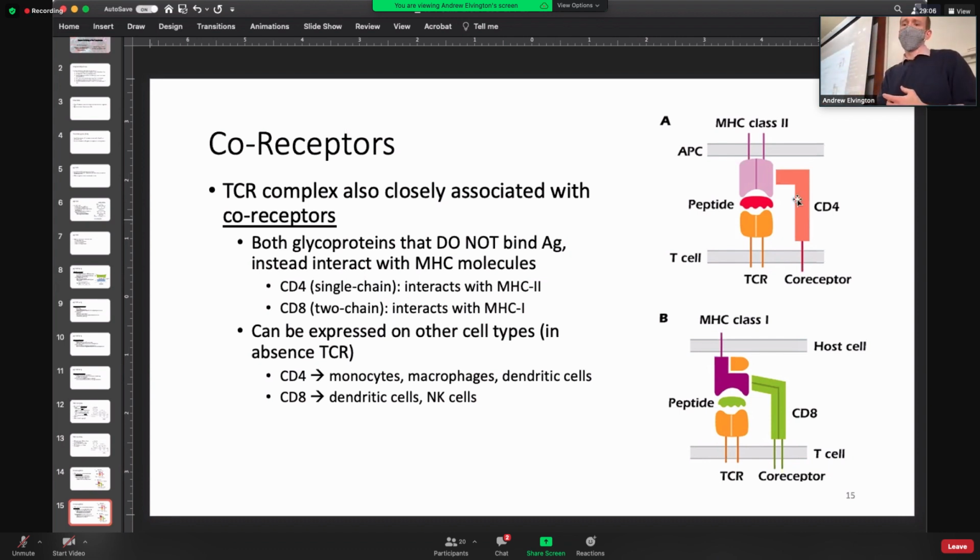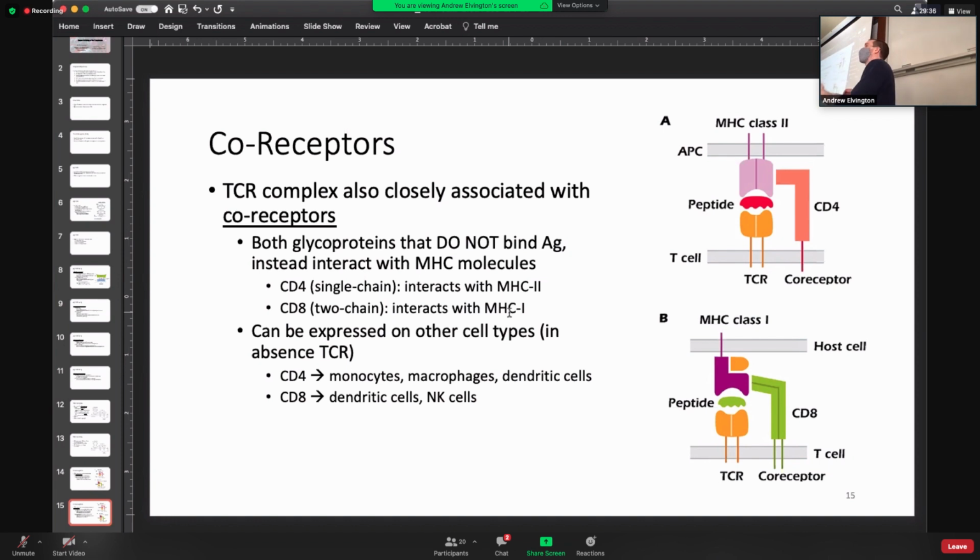They are glycoproteins, so they're sugar proteins. CD4 you will see drawn as having a single chain. Some texts do this; this text doesn't do a great job representing them so that it's obvious. So CD4 is just one little chain that interacts with MHC. CD8 actually has two chains. And because of the nature of the way they interact, they are restricted, a term we'll come to when we talk about thymic events.